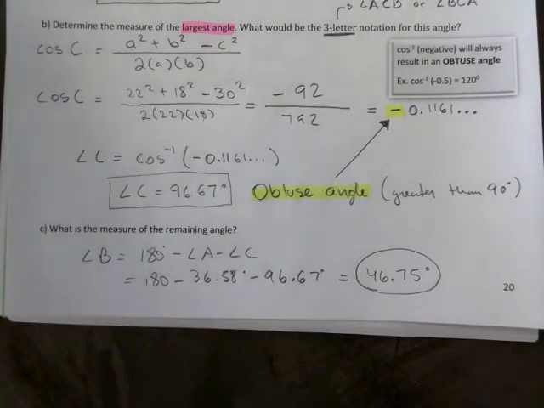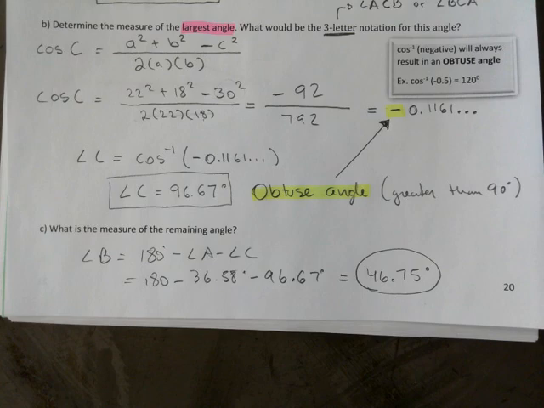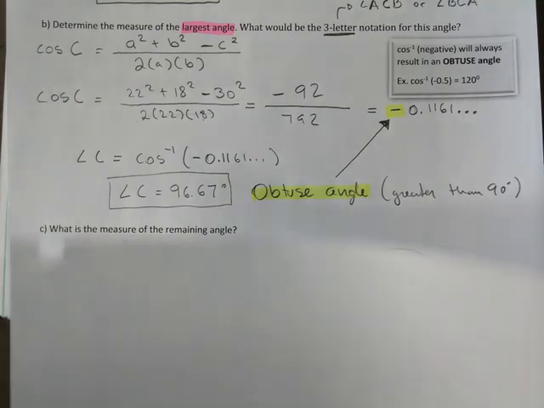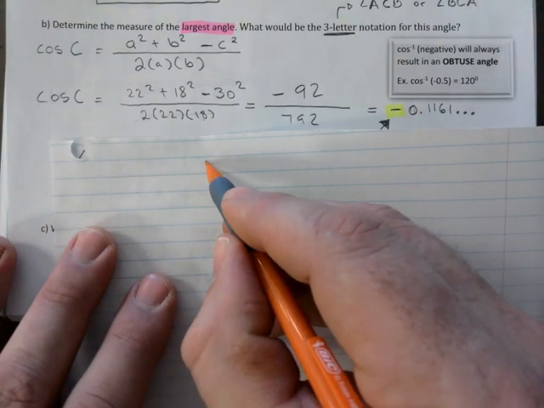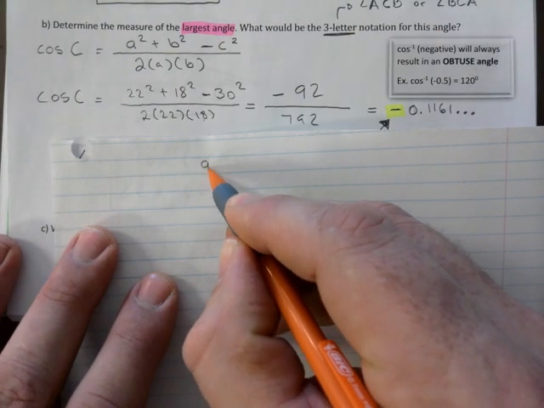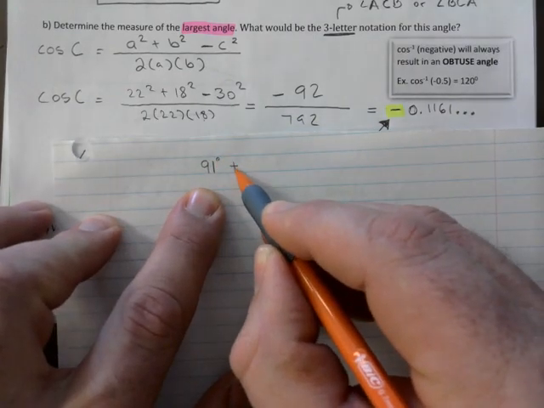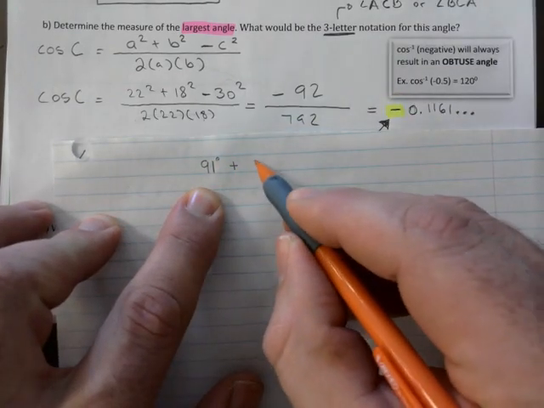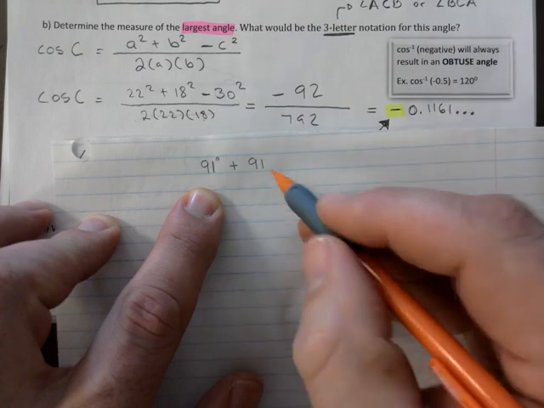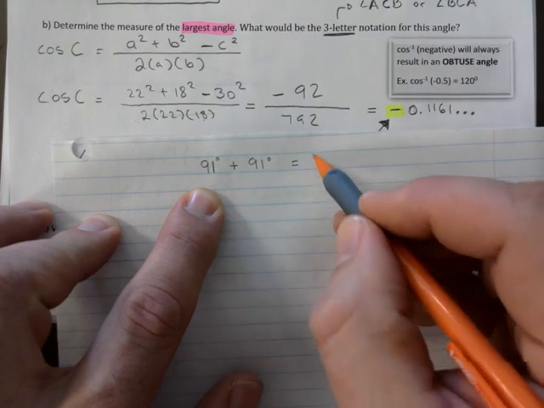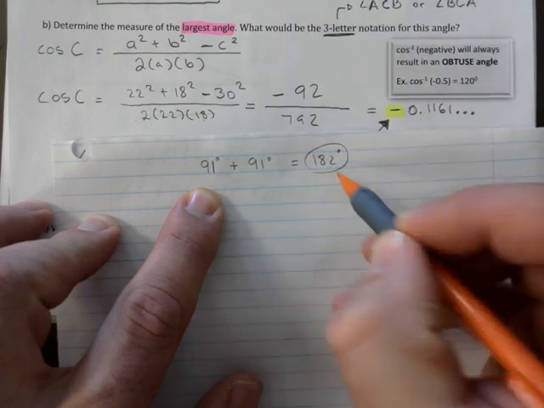I don't want you to add this to your notes, but here's the main reasoning why you cannot have more than one obtuse angle. For an angle to be obtuse, you need something bigger than 90. If you had another angle bigger than 90, that's already 182 degrees.